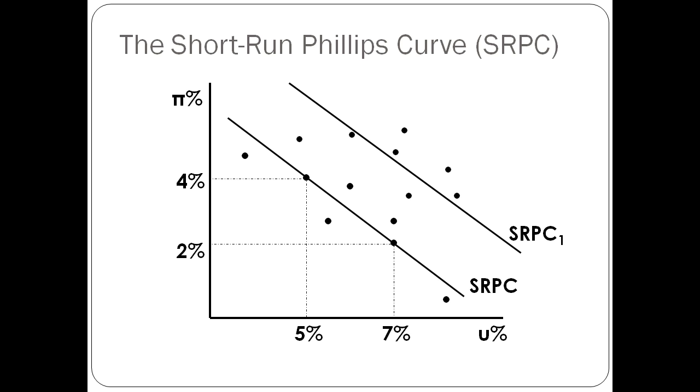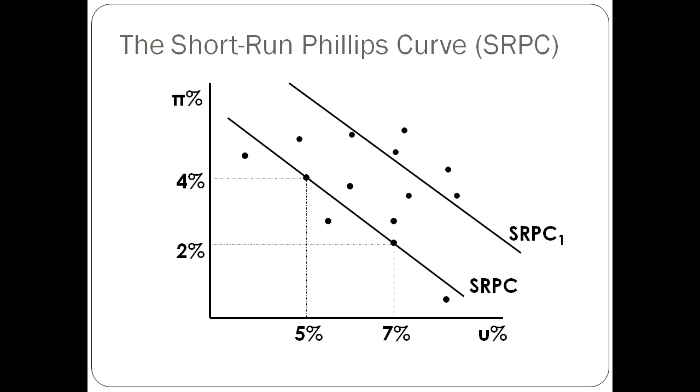Now, probably the most important thing to remember about this short-run Phillips curve is it is going to move the opposite way of short-run aggregate supply. Okay, so if short-run aggregate supply shifts to the left, the short-run Phillips curve is going to shift to the right. If the short-run aggregate supply shifts to the right, the short-run Phillips curve shifts to the left.